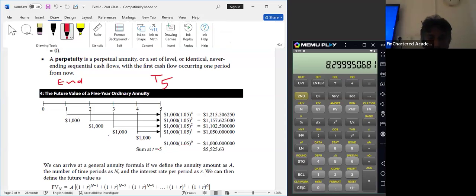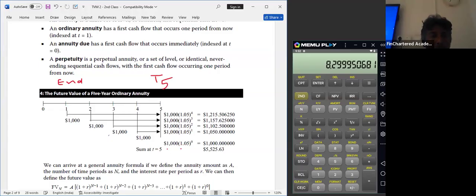Whatever investment you did at T5, you have done it at the end of T5. Since you have done it at the end of T5, that is not going to give you any returns at all. That is like you invest in the morning and you take it back in the evening.